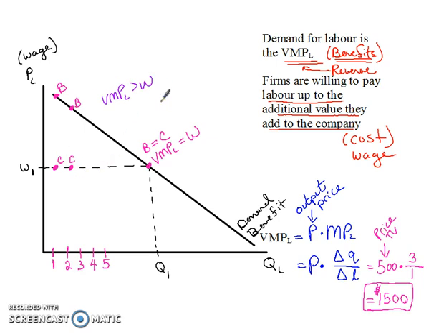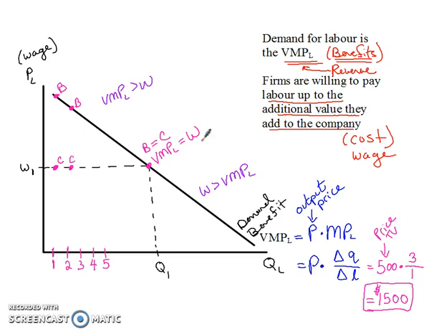So you'd hire up to the point of Q1, where the value of the marginal product equals the wage. If you hired anybody above Q1, the wage would be greater than the value of the marginal product of labor, so you wouldn't hire them. The revenue they bring in is less than what you have to pay them. So if the wage is W1, you would hire Q1 workers, which is where the value of the marginal product is exactly equal to the wage.